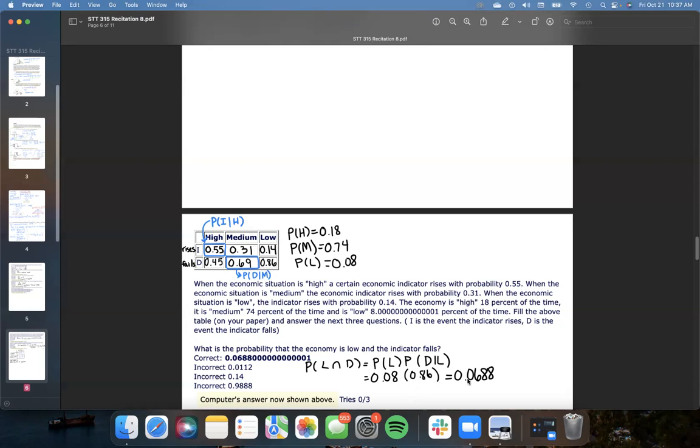When you multiply those together, you get 0.0688, and you'll get this as your correct answer.